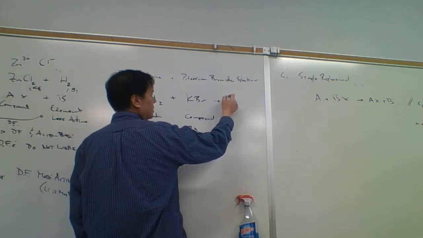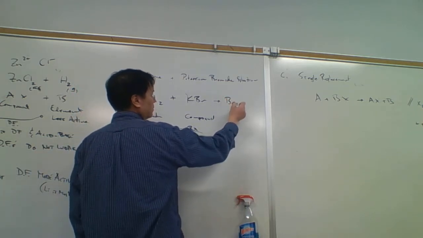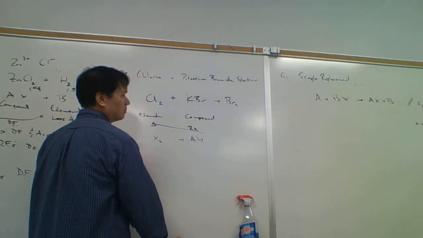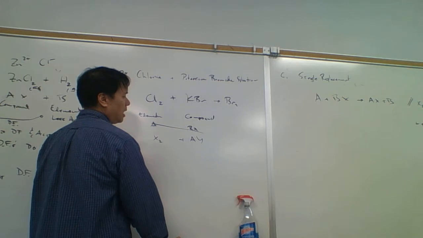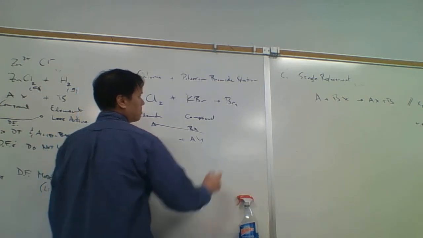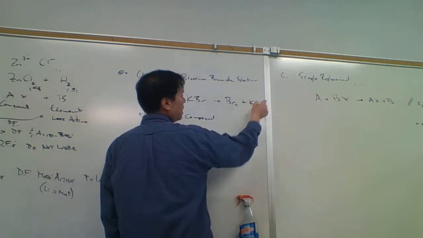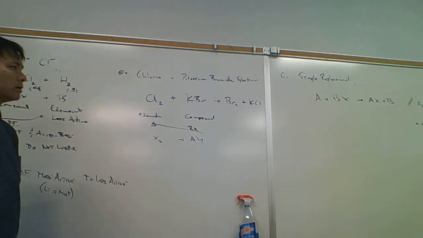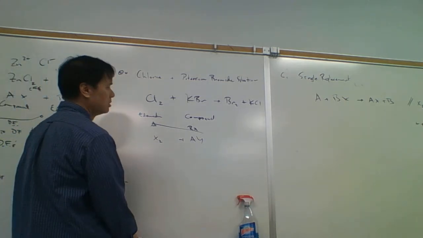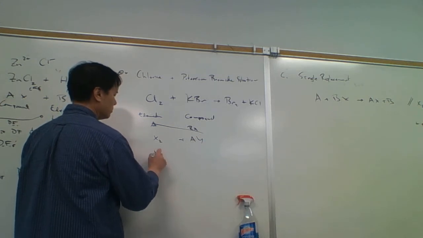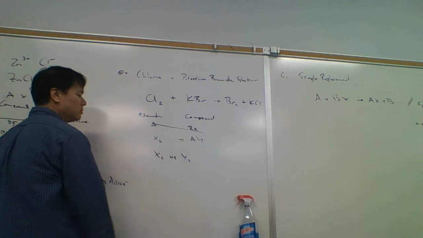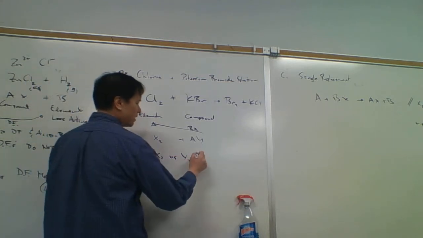Y2, which is Br2, plus AX, KCl. And then what we're going to do is compare X2 versus Y2. What we want to do is go from more active to less active.